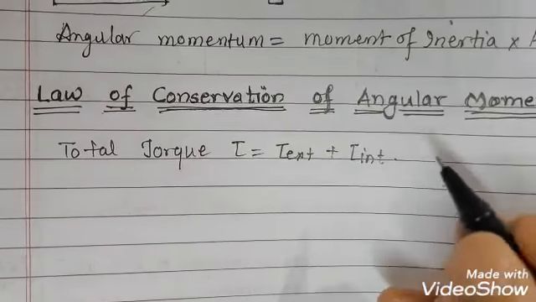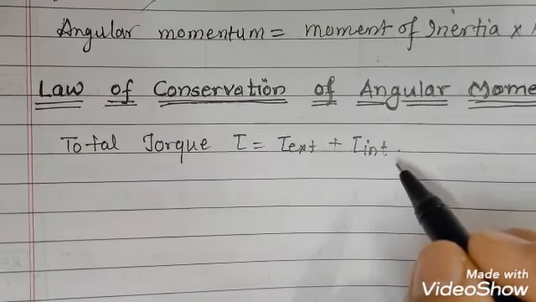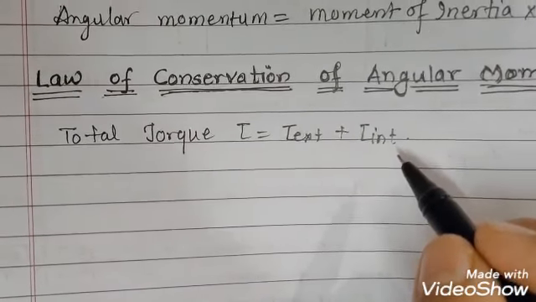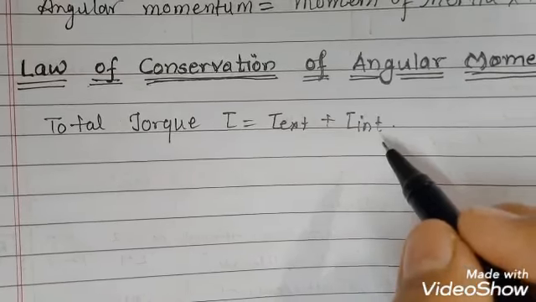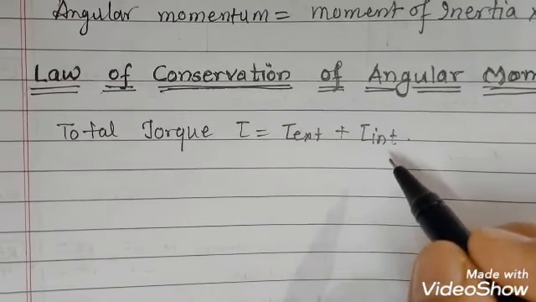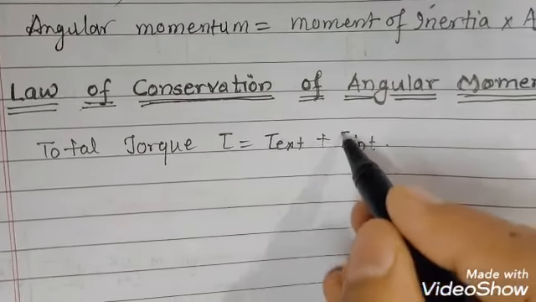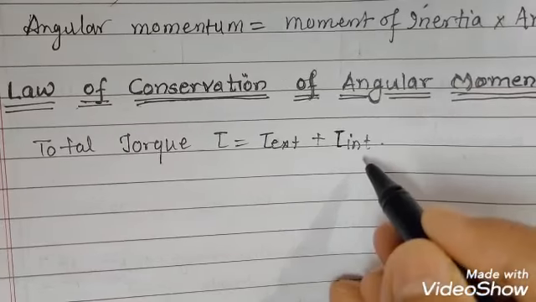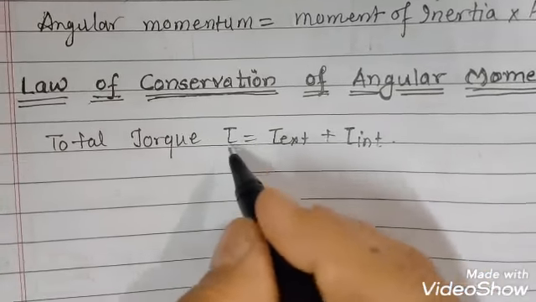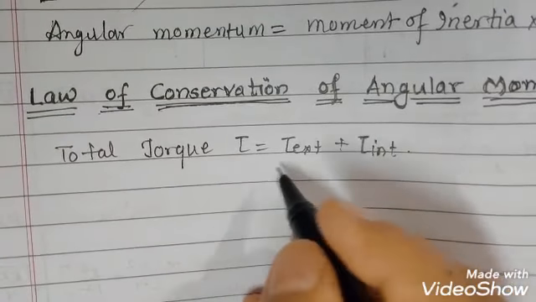For an isolated system, all the particles apply force on each other, so all the internal forces cancel out, and so the internal torque also cancels out. So the total torque is equal to tau external.